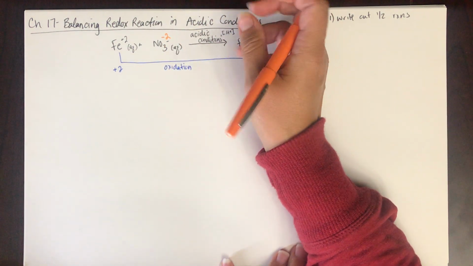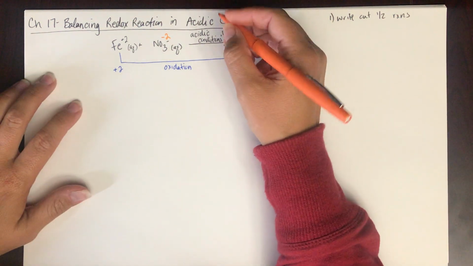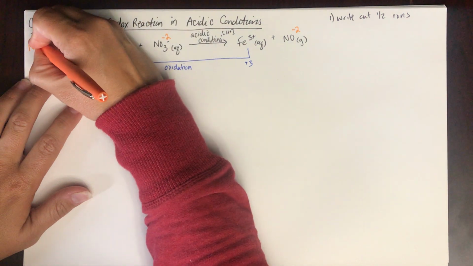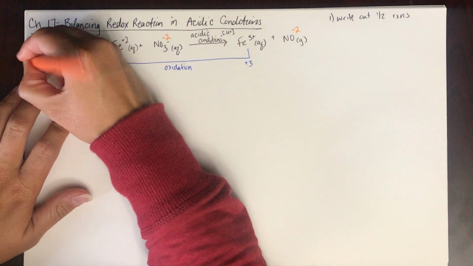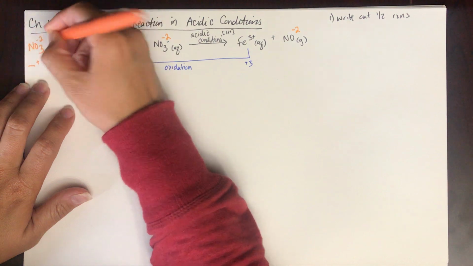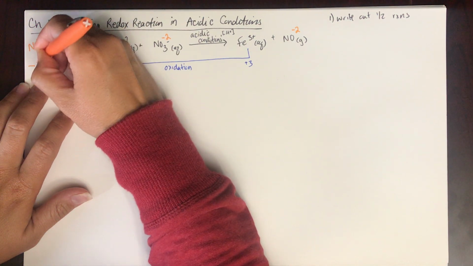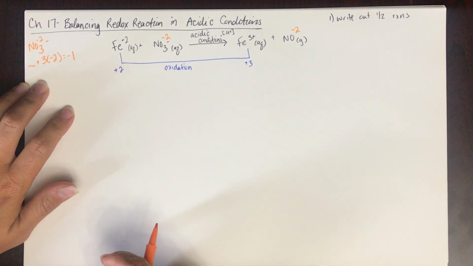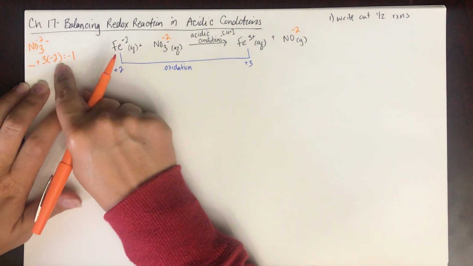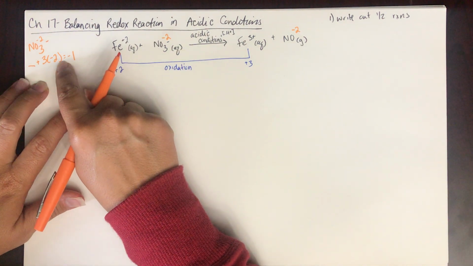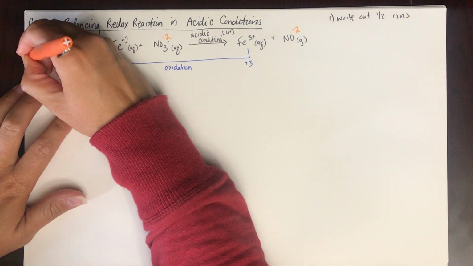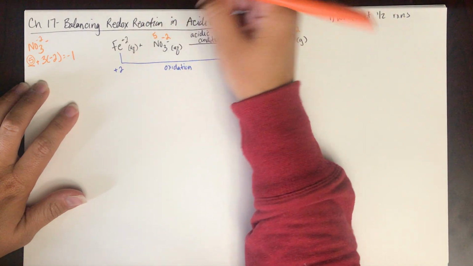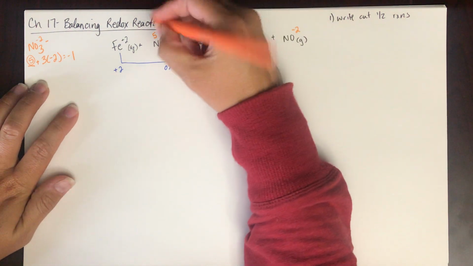Remember, we did this before when we were assigning oxidation numbers. So I'm just going to write it over here. Essentially something plus 3 times -2 equals -1. Well, 3 times -2 is -6. So what plus -6 is -1? That means this must be 5. So the oxidation number of nitrogen on the reactant side is 5.